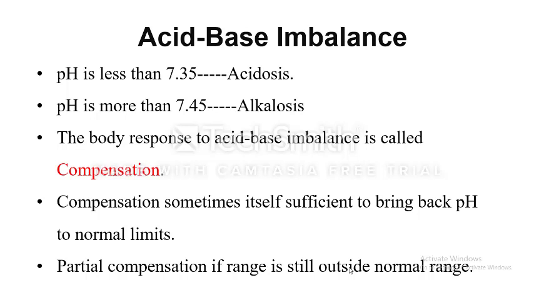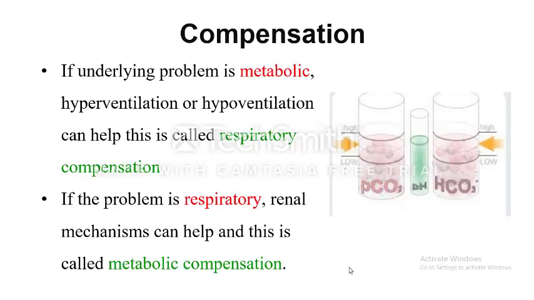And normally our body itself can cover this acidosis or alkalosis, but sometimes it cannot. That is why it is called partial compensation. If the underlying problem is metabolic, if metabolism is the reason for this acid-base disturbance, then hyperventilation or hypoventilation can help, and this is called respiratory compensation.